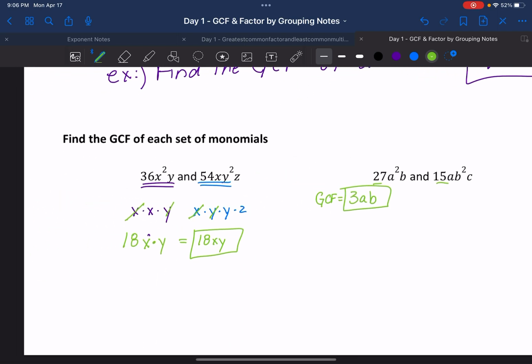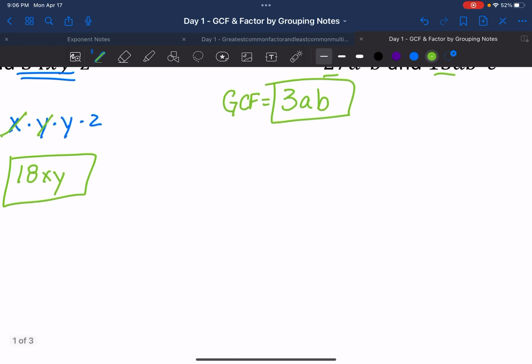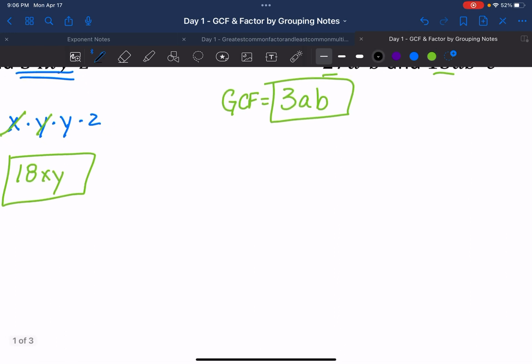Let me do another example that's just really simple. Let's look at, say, 10x cubed and 15x squared. Well, if I look at my table, what do you get for your GCF?